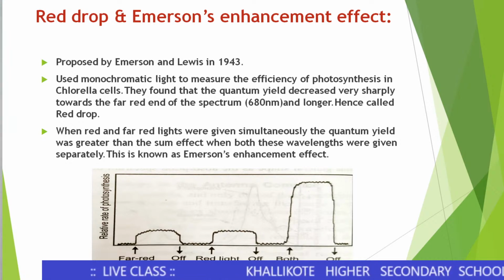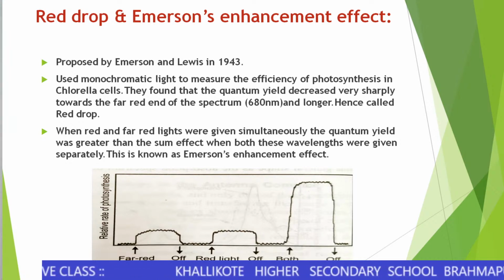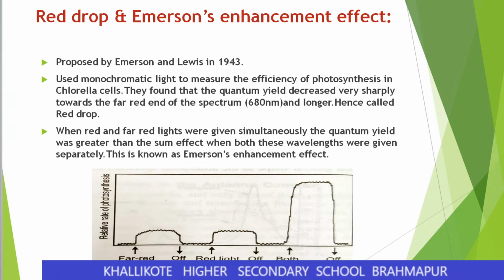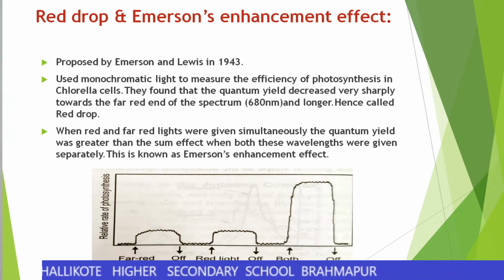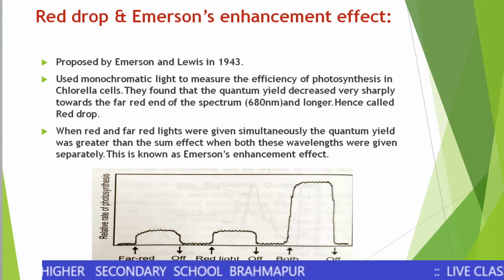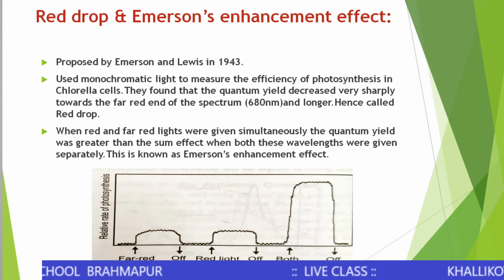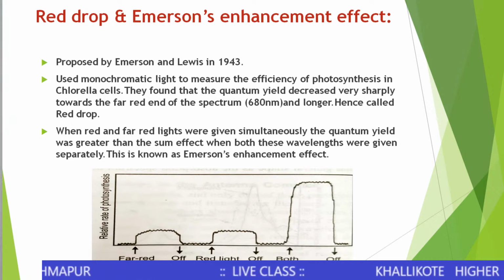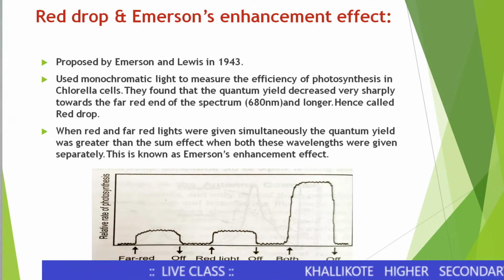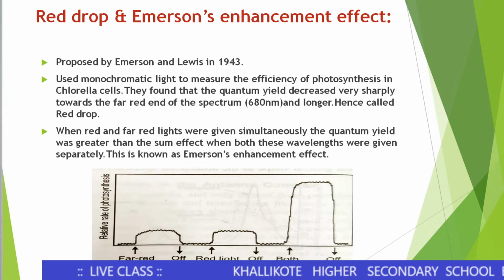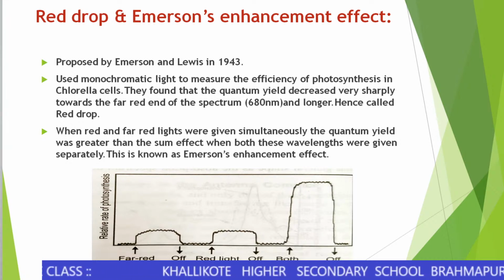In the graph also you can see the far red light is on or off, the amount of photosynthesis, the red light area photosynthesis, but when both of them are given simultaneously, the amount of photosynthesis or the quantum yield is much greater than both of them combined together.